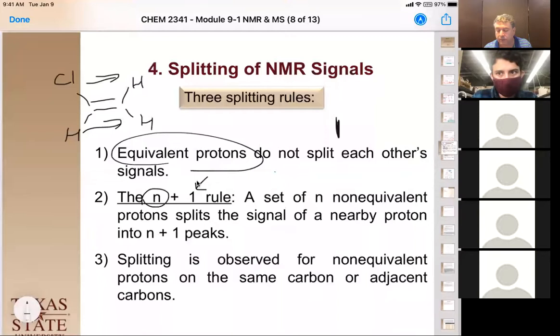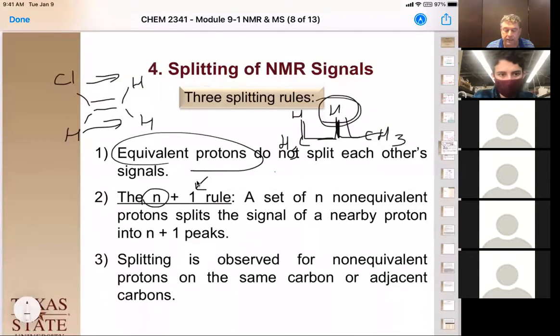So if you had a methyl group here and a methyl group here, you end up having a total of 6 hydrogens within 3 bonds of this peak we're talking about. So n is the number of non-equivalent hydrogens within 3 bonds. We always get 1 for the peak we're talking about, and then the n is all the other hydrogens within 3 bonds.